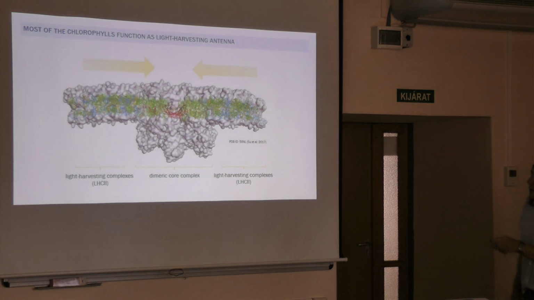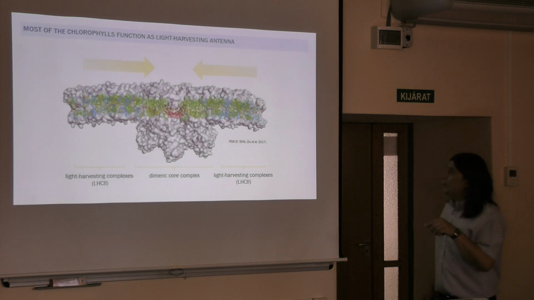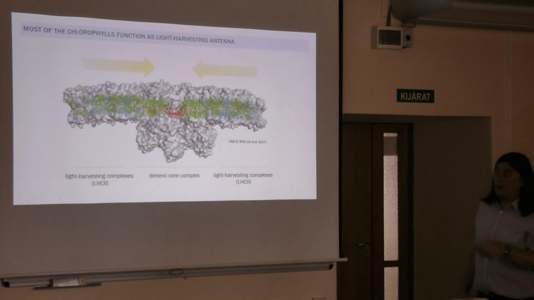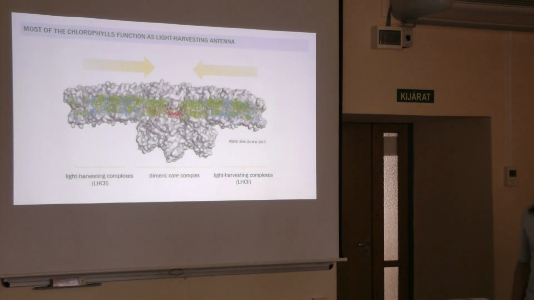So in order for this to work, all these chlorophylls absorb the energy and they must transfer it to the reaction center, very fast, before it goes back to the ground state. So the efficiency of the charge separation will depend on the ability of all these chlorophylls to move the energy from anywhere to the reaction center without any losses.